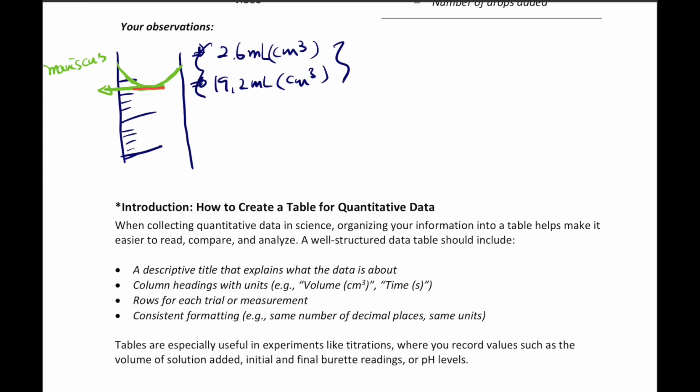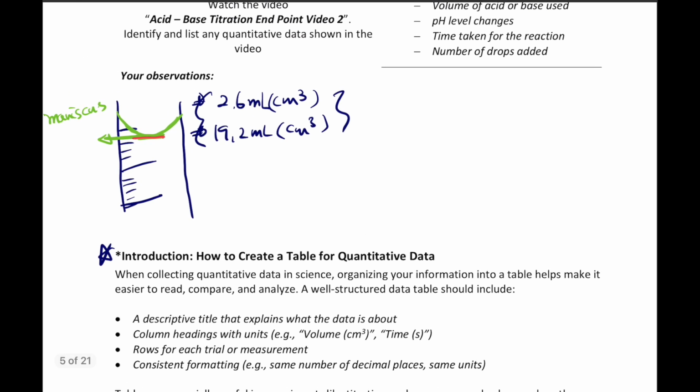So when you're writing your quantitative data, you must always present them in a table that is well structured. Okay, I have an introduction here, right? Introduction on how to create a table for quantitative data, but also I'm going to show you how to create the data for this measurement. Okay, so in this case, we are just measuring the volume of the base we used, right?